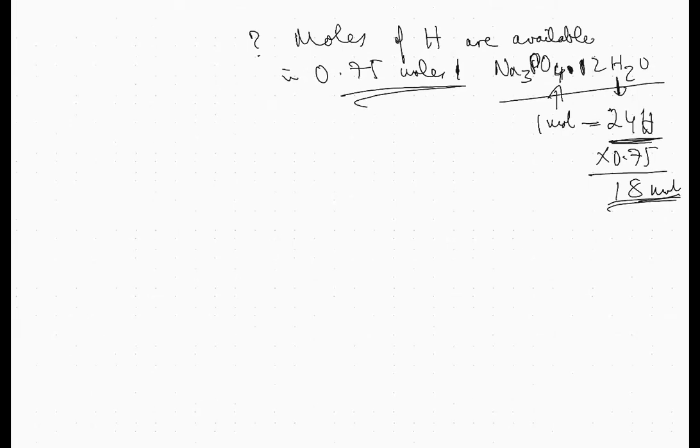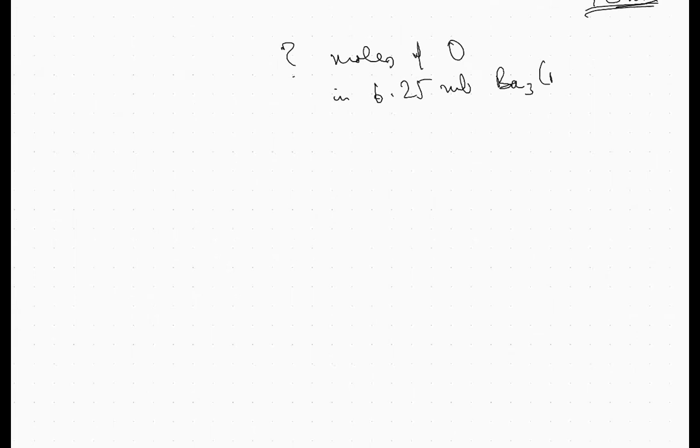Another question is similar to that. Again, asking how many moles of oxygen in 6.25 moles of Ba3(PO4)2. Let us just concentrate on oxygen because that's all they're asking. 4 times 2 means 8.